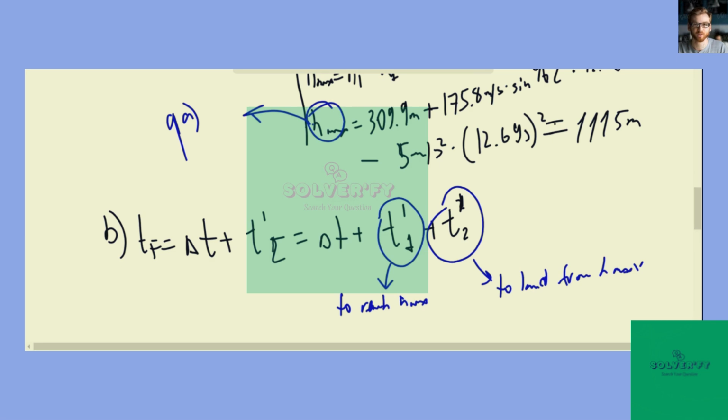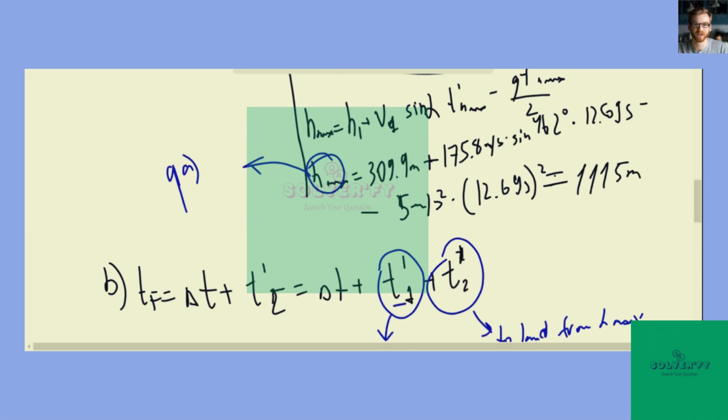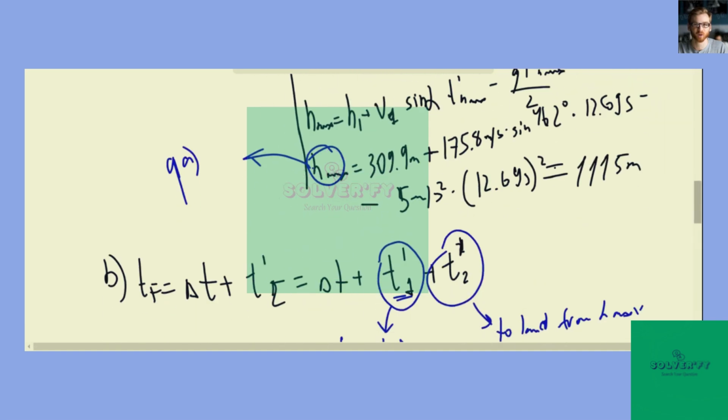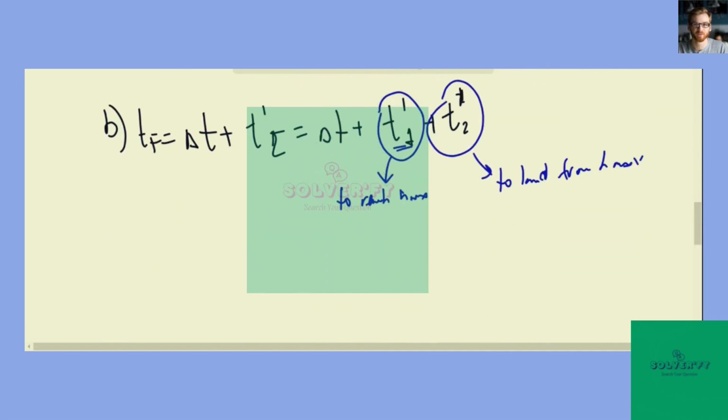We already know the first time. So H maximum equals g t2 prime squared over 2.